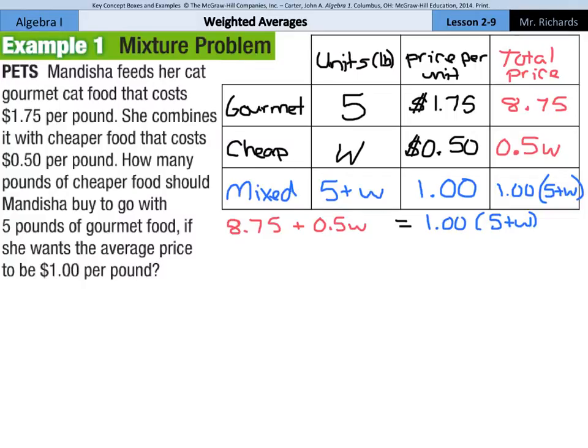And now we need to solve the equation. So my first step is going to be to distribute. On the left side, we're still left with $8.75 plus 0.5 W is going to equal 1 times 5 is 5, and 1 times W is just W. Now we have an equation with variables on both sides, so we need to move our 5/10 W to the other side by subtracting it from both sides.